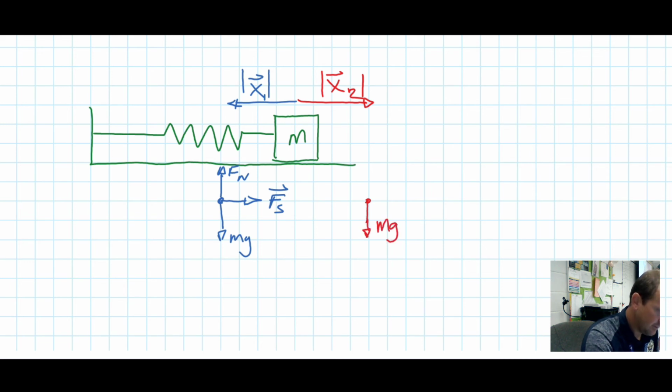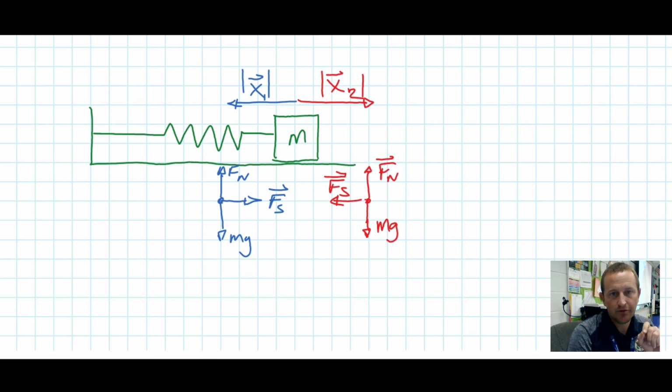The box wouldn't increase its weight at all. We'd have a normal force acting up, giving us no net force in the horizontal direction. But now that spring is stretched, and it would try to pull the block back towards the equilibrium. We'd have a spring force oriented to the left in this case.